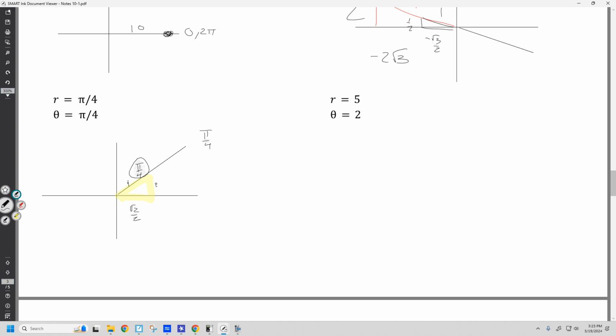You take your unit 45, 45, 90 triangle, scale it by pi over 4, giving us root 2 over 2 times pi over 4 in both directions, which is root 2 pi over 8, comma, root 2 pi over 8. And that, my friends, is correct.